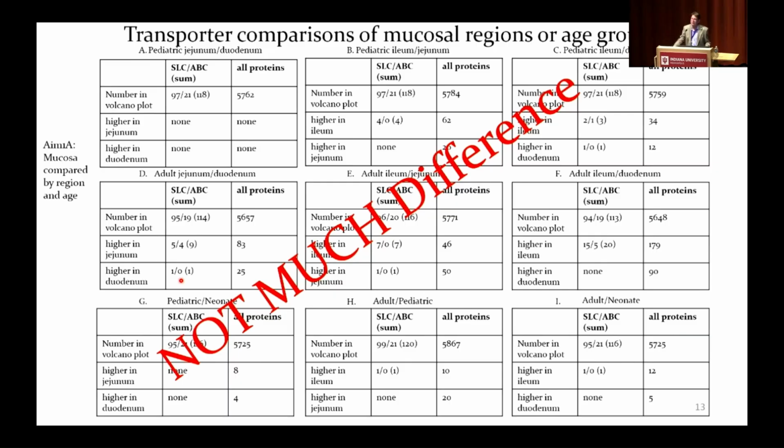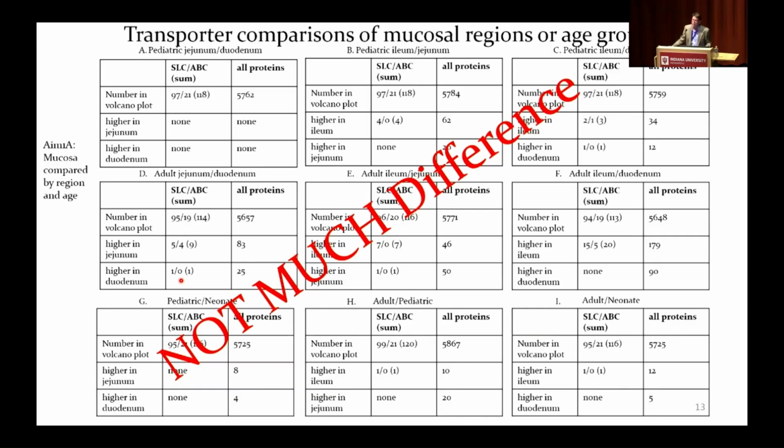But we're really interested not only in the mucosal regions, but in looking at this from a NAM perspective. Why are we interested in looking from a NAM perspective? Well, a lot of different reasons. One is that with the cell lines, those are going to be archived, so we can look at them at many different times. The other problem is when you're looking at the mucosal regions, we're not down in the OR harvesting intestinal tissue.